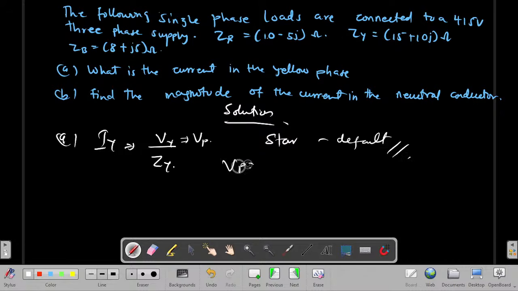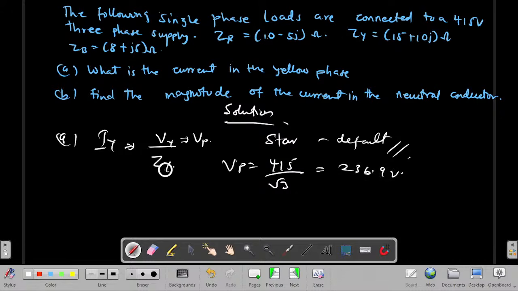Therefore, my VP is simply equal to 415 over the square root of 3. Remember, in star the line voltage and the phase voltage are not the same. So you enter 415 over root 3, and that gives 239.6 volts.